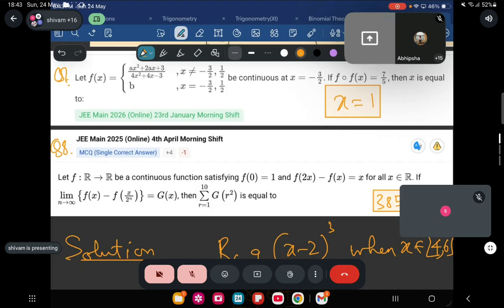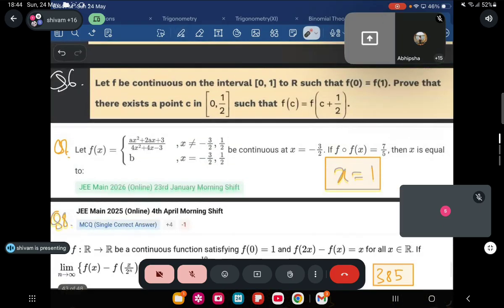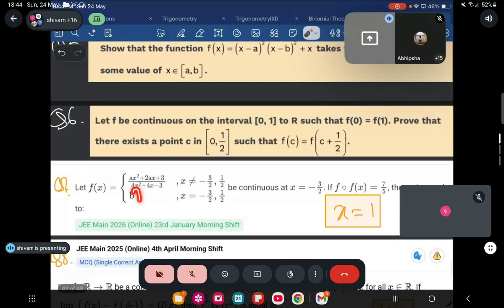If f of x is equal to b, then we would get different values of x, and they ask for the specific value of x. So f of x can also be equal to b. Then x can be anything. Over here, suppose instead of b, it was given 7 by 5.